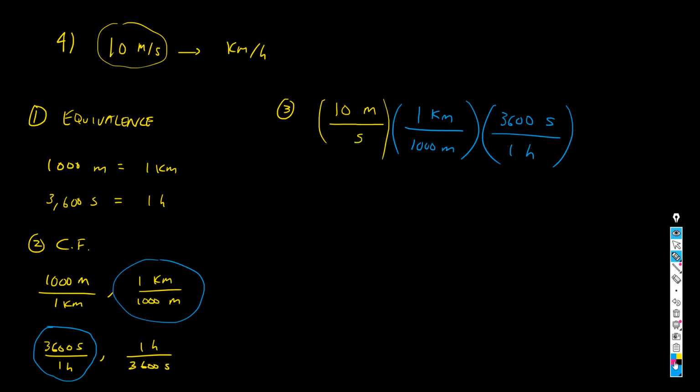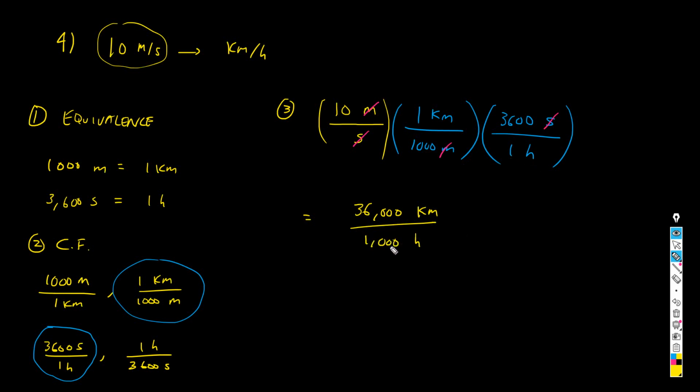And that's it, guys. Let's cancel what we have to cancel. Meter cancels meter. Second cancels second. And that's it. Now, what I can do is just multiply like before, 10 times 1 times kilometer times 3,600, and you will get this over 1,000 times 1 times hour.